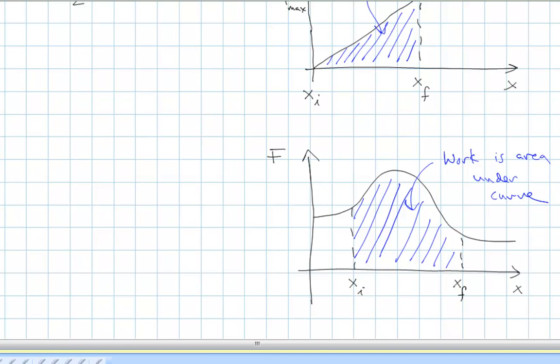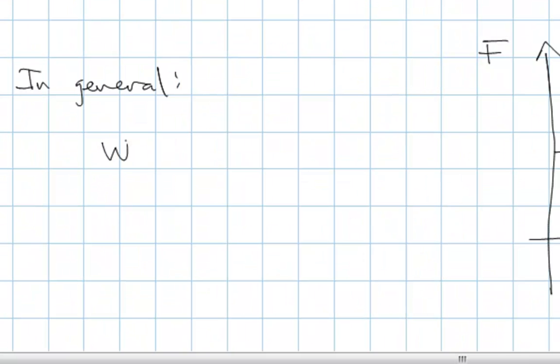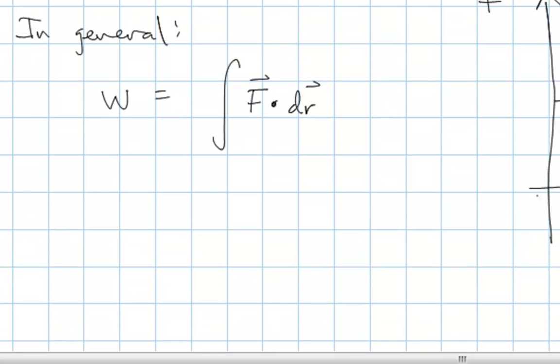So in general, the work done can be written as an integral of the dot product of F and dr. It's how you're moving in relation to the force that's being applied, and we're looking at the area under that curve. If you're not in a calculus-based class, then don't worry about that. If you're in a calculus-based class, then you can take that and move forward and find the work done from various forces that are not constant.